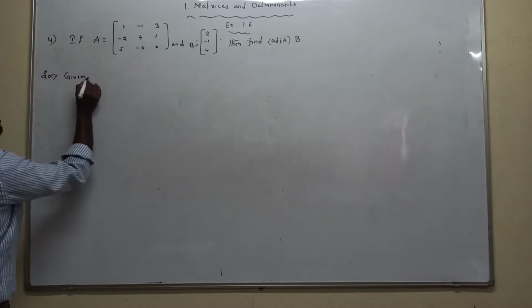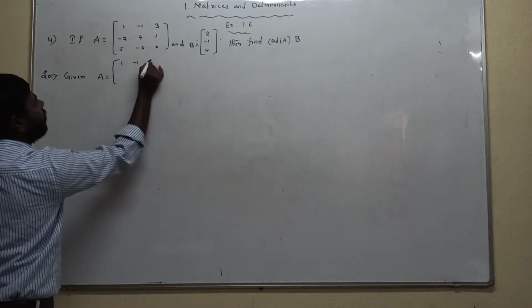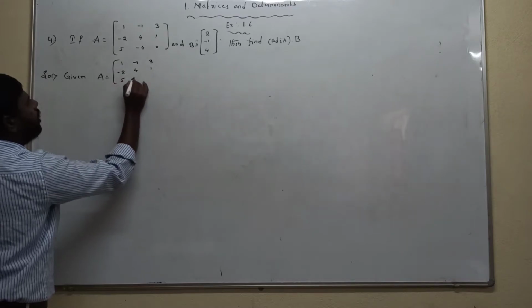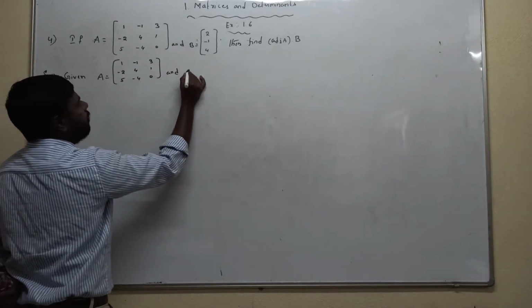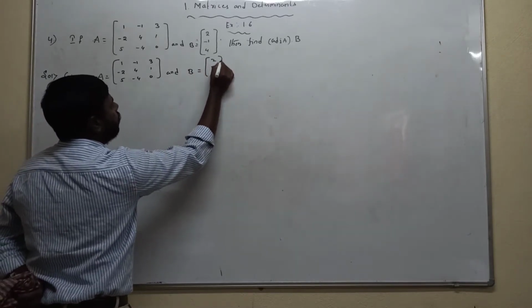Given capital A is equal to [1, -1, 3; -2, 4, 1; 5, -4, 0] and B is equal to [2; -1; 4].